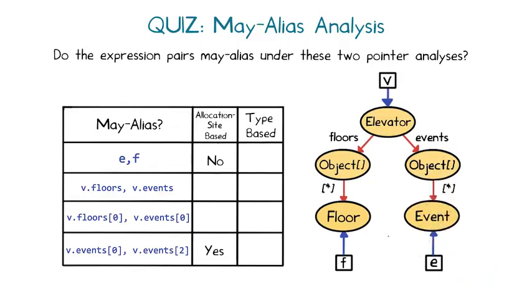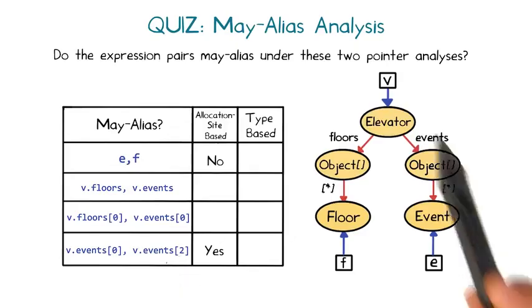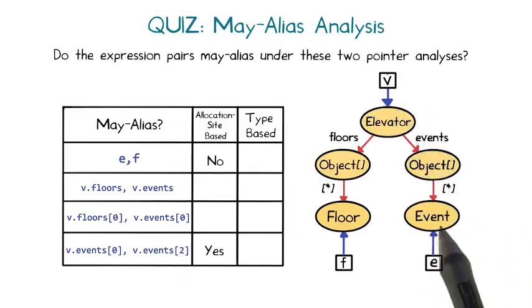If we follow the arrows in the graph for v.events[2], we end up following the same path to end in the same node. Therefore, according to this graph, it could be the case that v.events[0] and v.events[2] point to the same concrete object, so we cannot prove that they are not aliases. Note that the concrete objects could be different, but we cannot say one way or the other using this heap abstraction scheme.